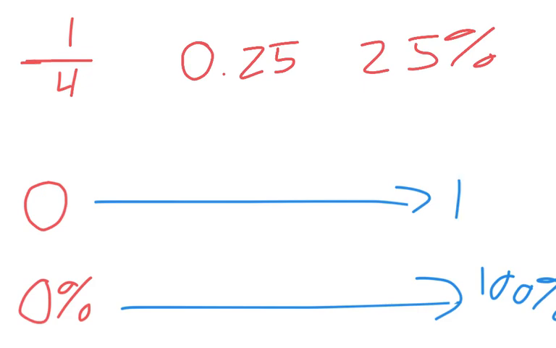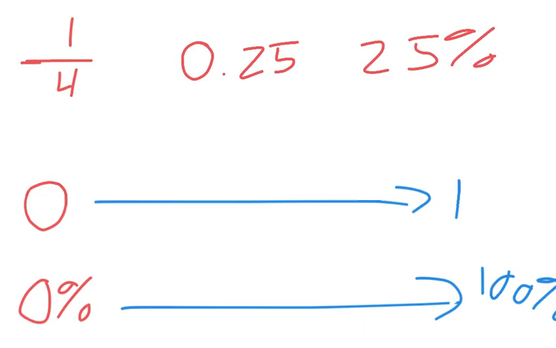Right? 100% is 1 as a decimal. So all of our probabilities, like here was a probability of 0.25, have to be between 0 and 1. 0 means it can't happen. 1 means it's going to happen. It has to happen. And any number in between is the likelihood of something occurring.